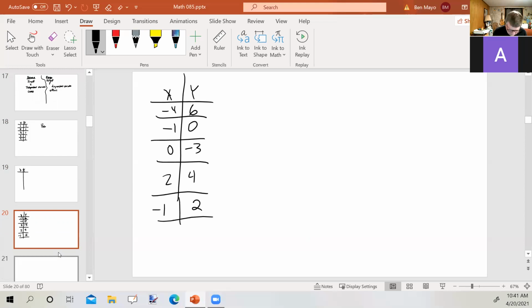This is not a function. Why not? Because of those 2 ordered pairs, you've got -1 going to 0 and -1 going to 2. So you've got 1 input going to 2 different outputs. That is still a relationship. You could still represent some equation, a graph, all of that, but it's not a function.